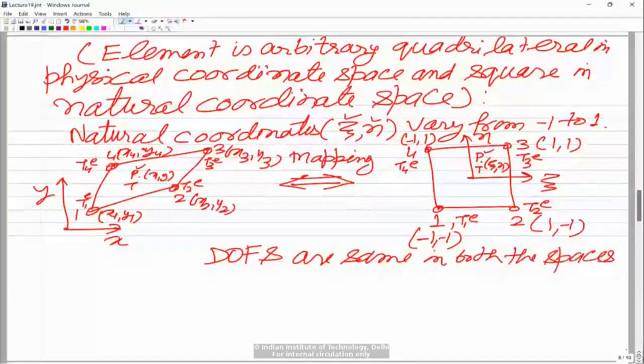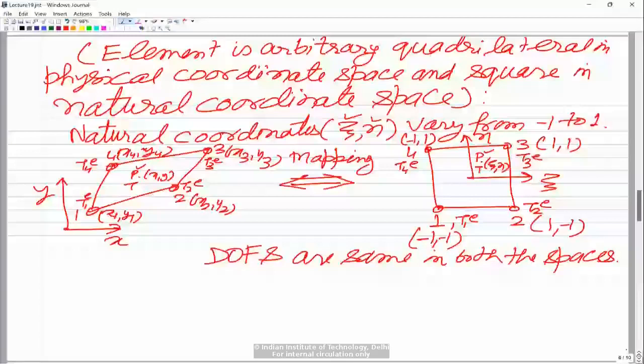So now when we do the interpolation, we need to assume an approximate solution for temperature. Rather than assuming it in terms of x and y, we will assume the approximate solution for temperature in terms of natural coordinates xi and eta.